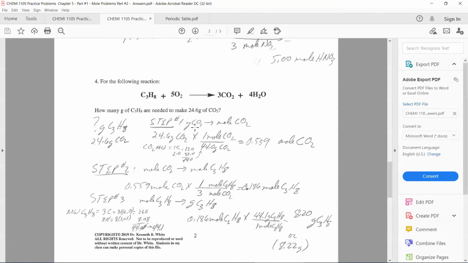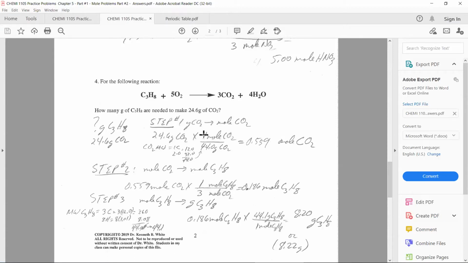So if we look at number 4, first step, we're given grams of CO2. We convert it to moles of CO2. I have grams here. I want to get to moles. Use my good buddy, my good friend, unit analysis. Moles of CO2 go on top. Grams go underneath.